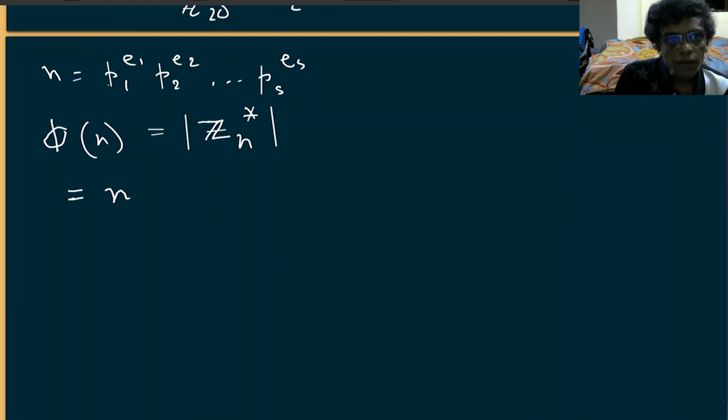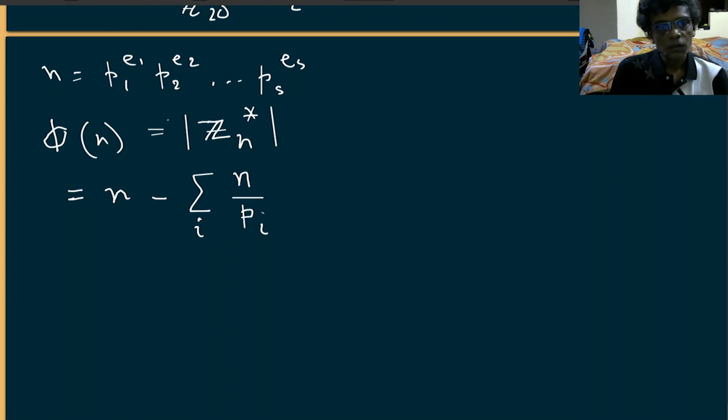So I will subtract all multiples of p1, all multiples of p2, and how many multiples of p1 are there? It is precisely n over p1. Okay. So it is summation n over pi over all i, running between 1 and s. But then those numbers that are multiples of 2 primes, like p1, p2, okay, they are subtracted twice, once for n by p1, once for n by p2.